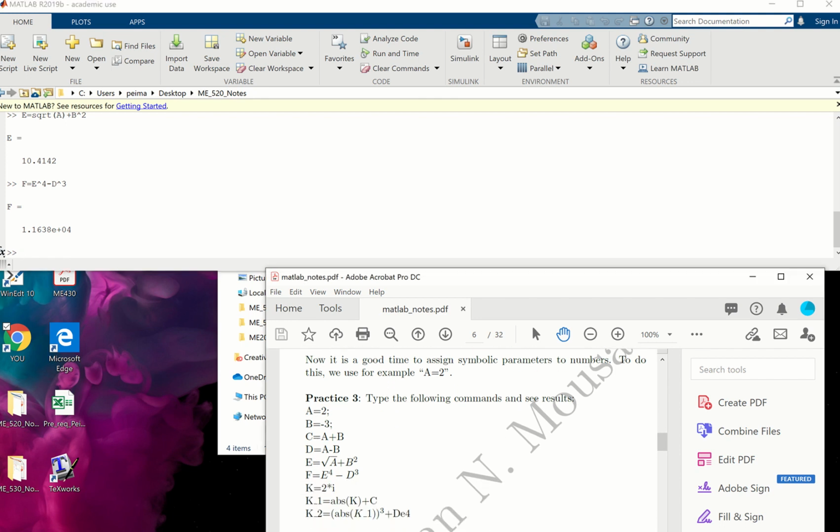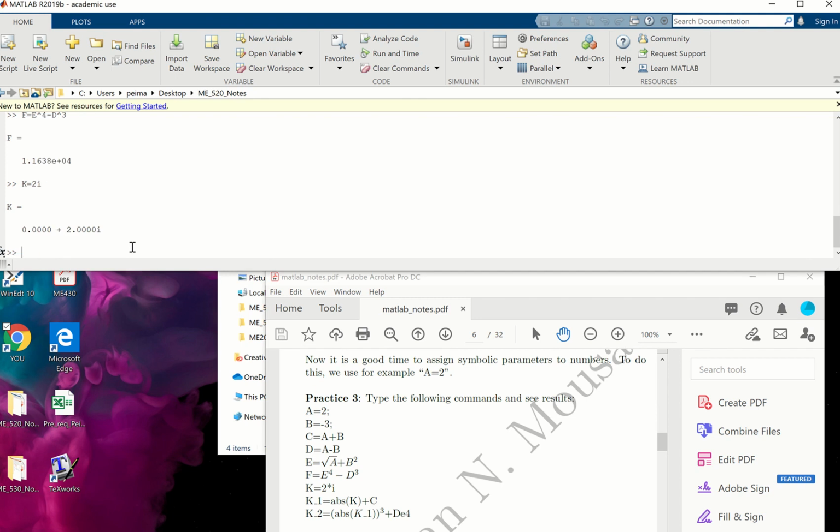Okay? And now k is equal to 2i. See? I say k is 2i. Means what? Means this imaginary number. Or you can say k is equal to 2i. It's going to give you the same result. Now I'm going to say k underline 1.